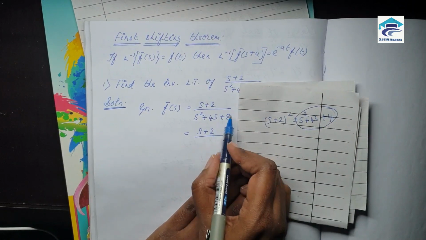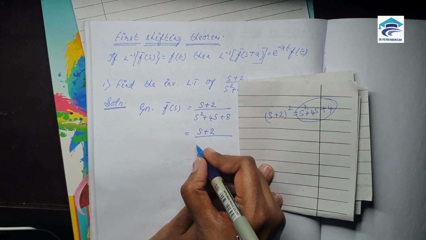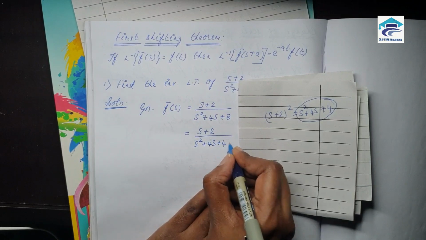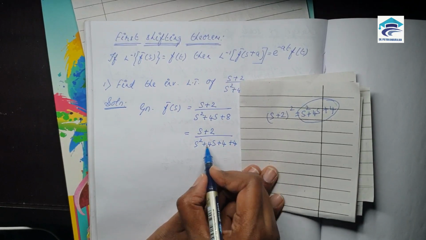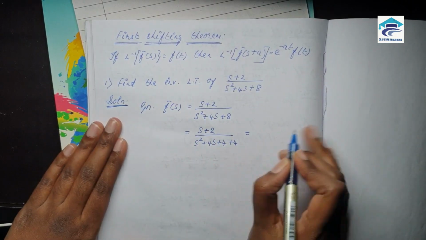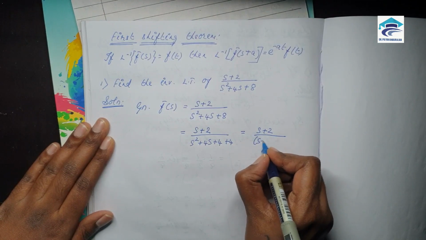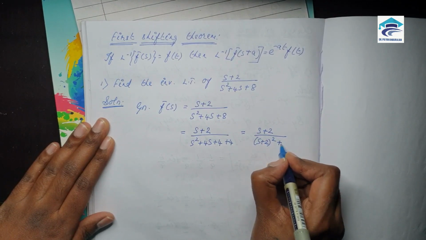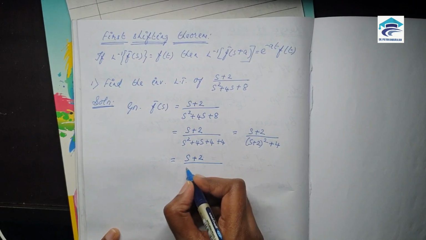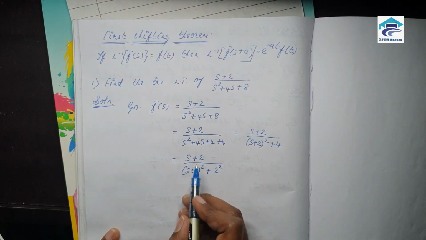Let me compare this and this. You have an extra 4 here, so you can write this as s squared plus 4s plus 4 plus 4 in order to get the s plus 2 the whole squared formula over here. So this can be written as s plus 2 by s plus 2 the whole squared plus 4. This can be written as s plus 2 by s plus 2 the whole squared plus 2 squared.